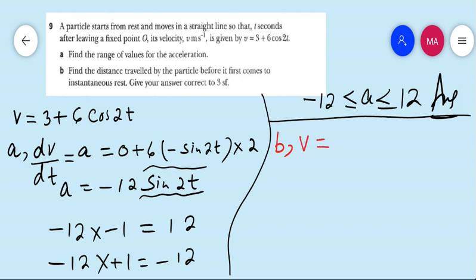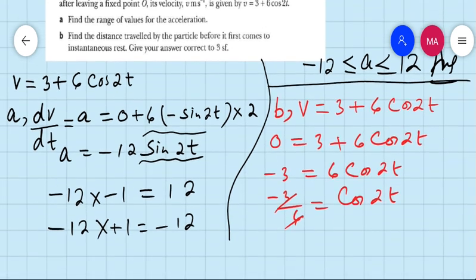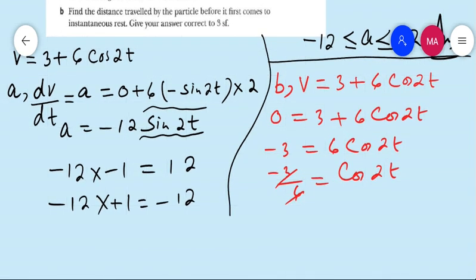We have v = 3 + 6 cos 2t. Instantaneously at rest means the velocity is 0. So 6 cos 2t = minus 3, and cos 2t = minus 3 upon 6, which is minus 1 upon 2.